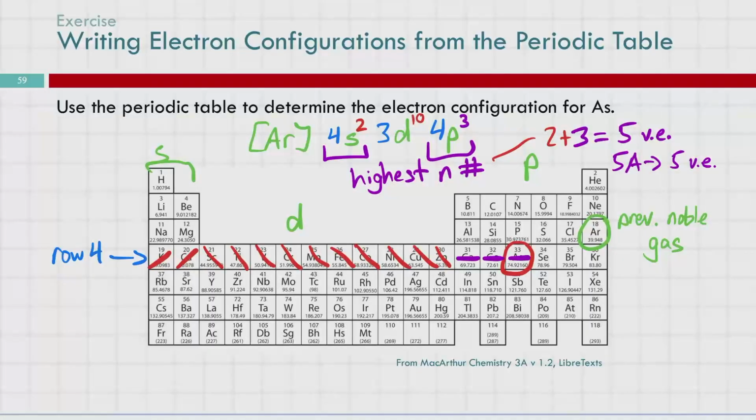That's the other way that we could come up with it, completely independent of our electron configurations. One of the things that I see people make a mistake with is they'll count the 10 from the 3D10. And you best believe if I give you arsenic on an exam, one of the options is going to be 15. I will make that an option. It's not the correct option, but it'll be there just to make sure that we know what we're doing.